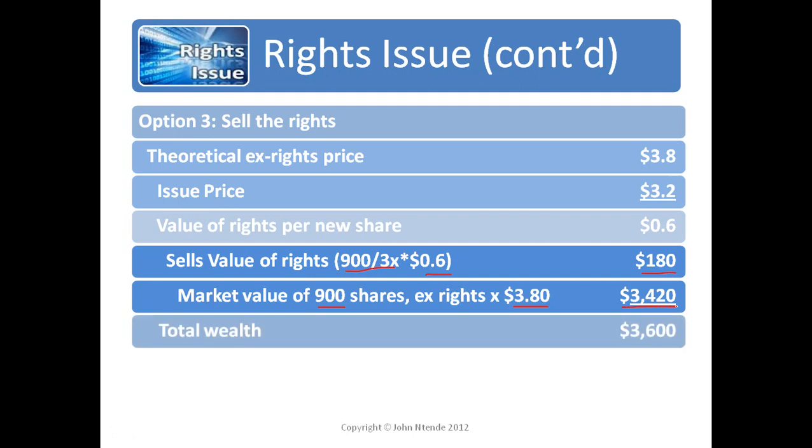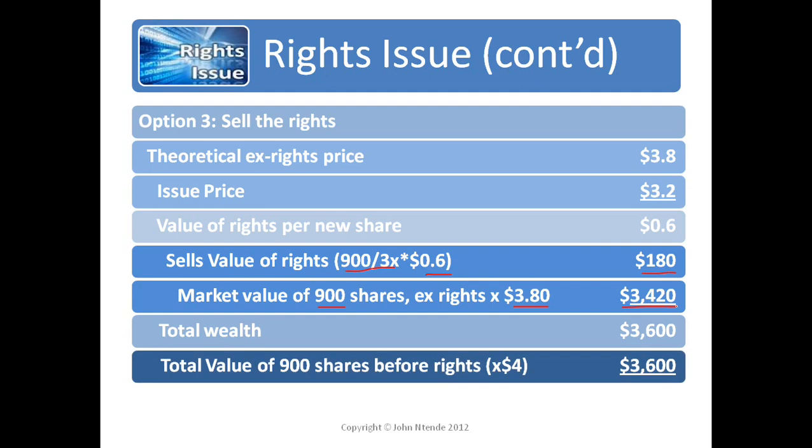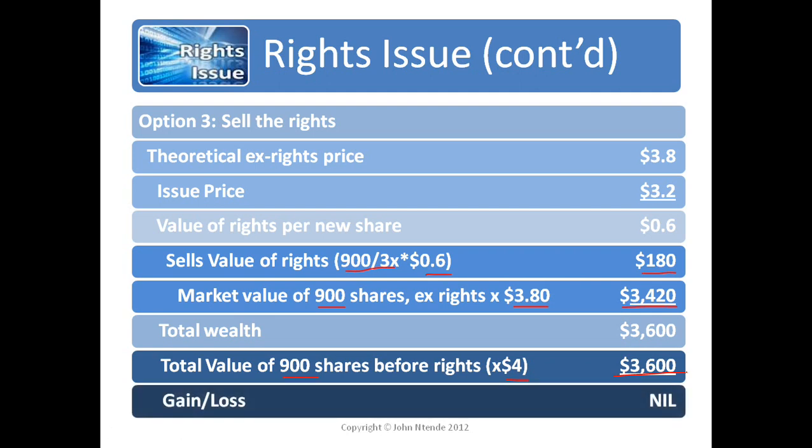So the total wealth in this case is 3,600. Now the total value of 900 shares before rights, we're multiplying 900 by 4 to give us 3,600. So again, you can see that the gain or loss in this case is still 0.